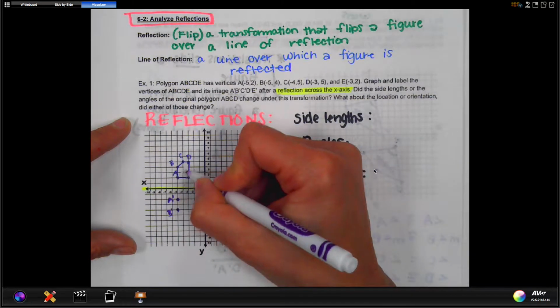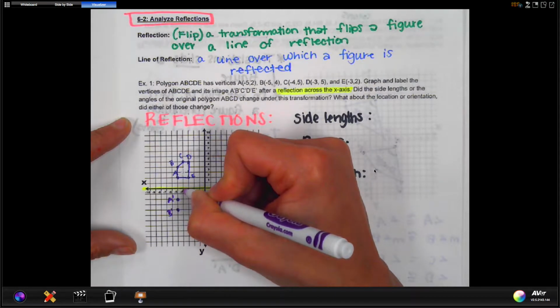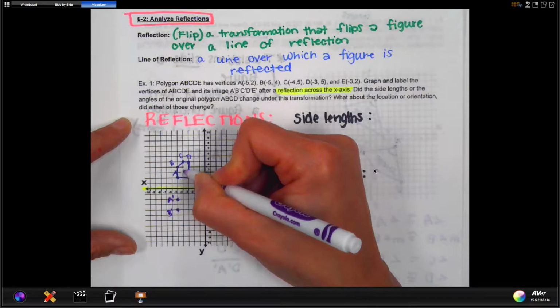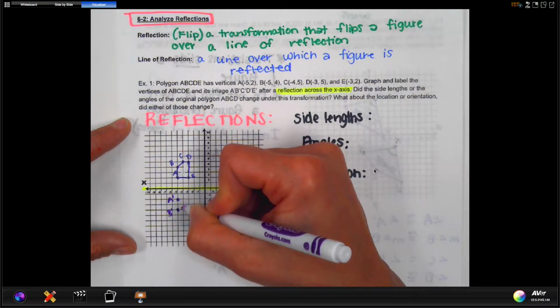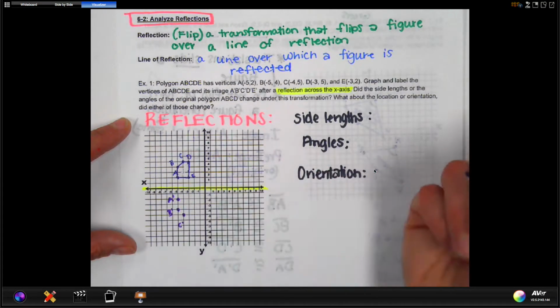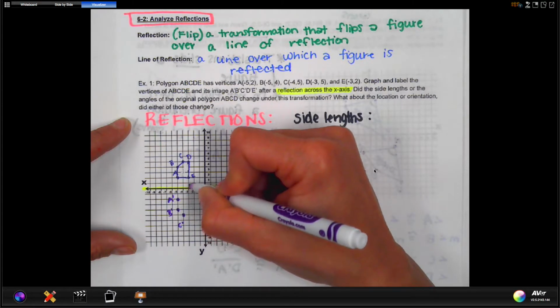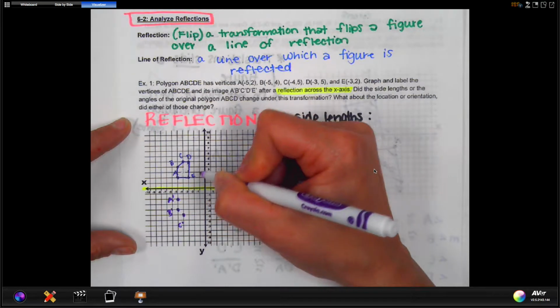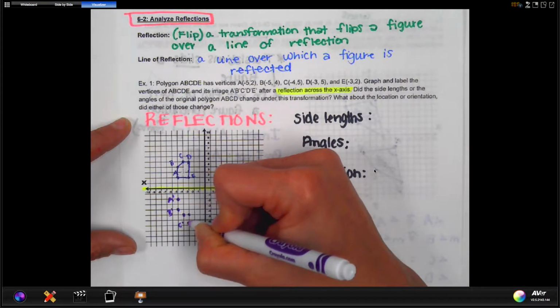Now, C is on our x = -4 line. On that line, C is 5 above the line of reflection, so we need our C prime to be 5 below our line of reflection. Same with D. D is on our x = -3 line, and it is 5 above, so we count 5 below and label it D prime.